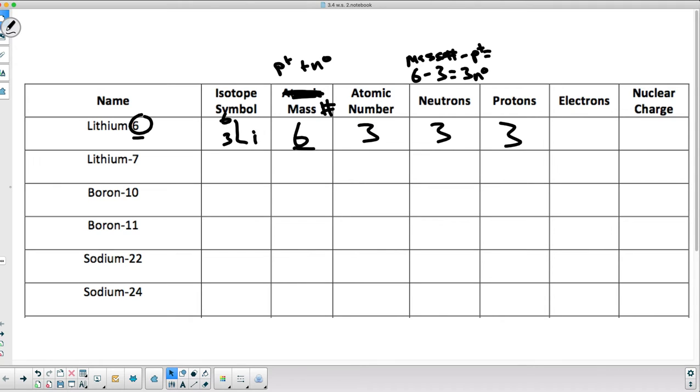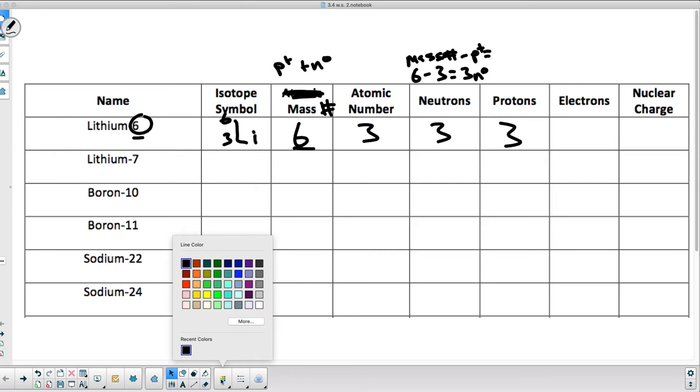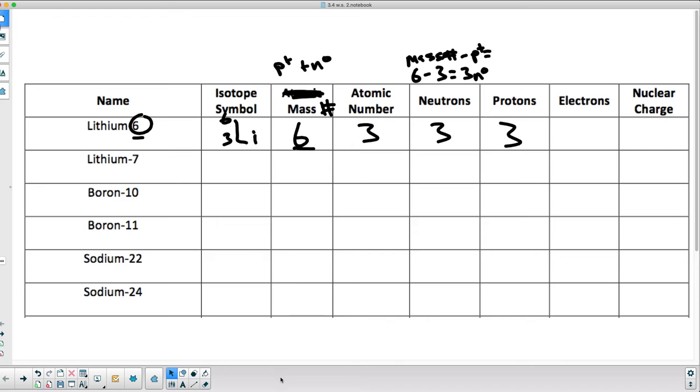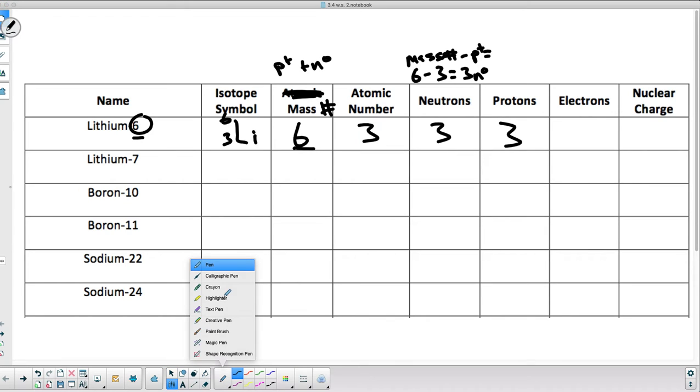Number of protons is always, I'm going to highlight some stuff here, the atomic number. Whoa, what happened to my highlighter? I'm going to put that down, pick that back up again, and there it is. So, number of protons, atomic number, always the same. And that's the same as that there.